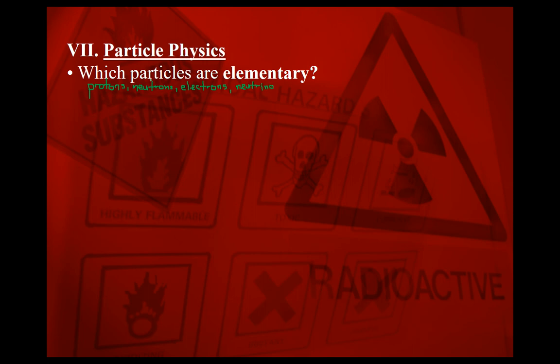Albeit the proton, neutron, and electron, those are the big three. It turns out only two of those four are actually fundamental or elementary particles, and we'll get into more about that in the next few lessons. But that's what we're going to try to examine: what are our fundamental building blocks.